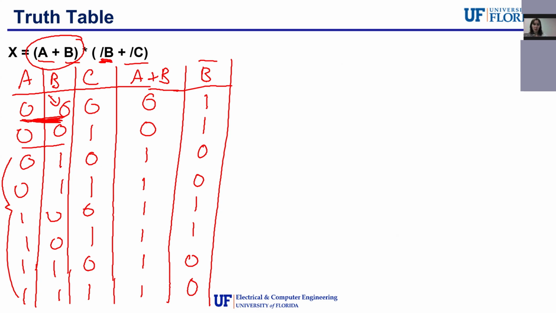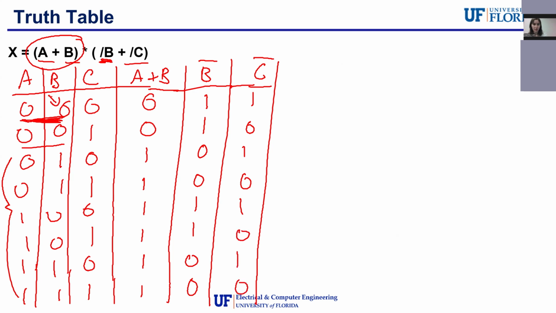The first column in this table is going to change every four rows, the second column is going to change every 2 rows, and the third one is going to change every row. So I'll also do this for C, and I just know that it changes every row except it starts at 1 this time. So I'm going to go 1, 0, 1, 0, 1, 0, 1, 0.